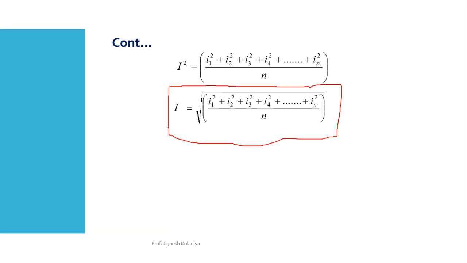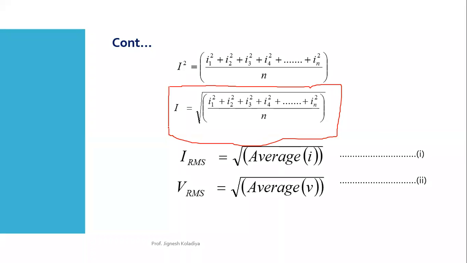So this is nothing but IRMS. The value you are getting under the square root is known as IRMS. And by which method are we obtaining this equation?